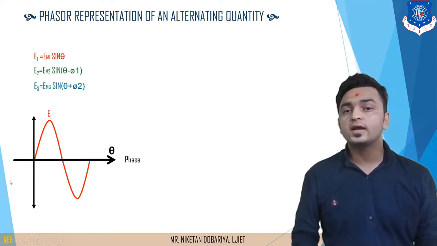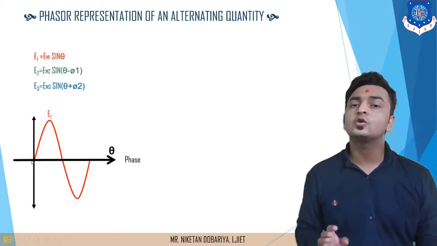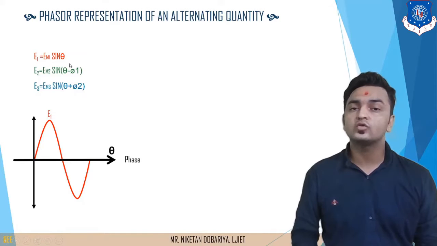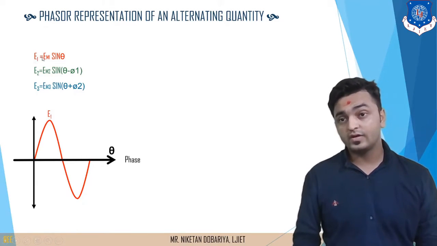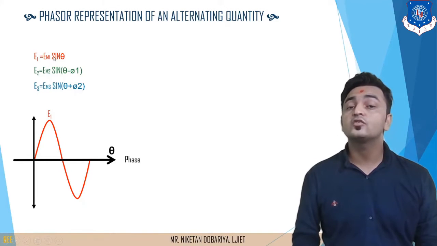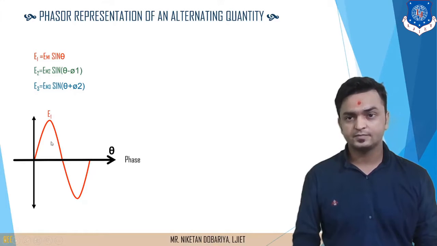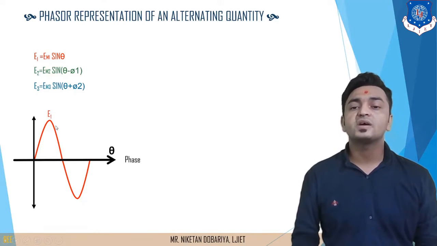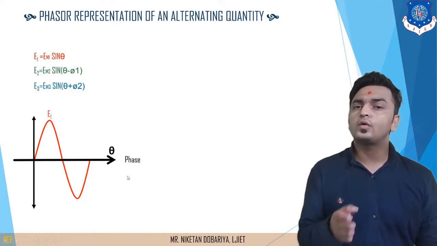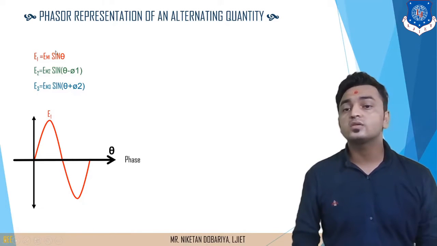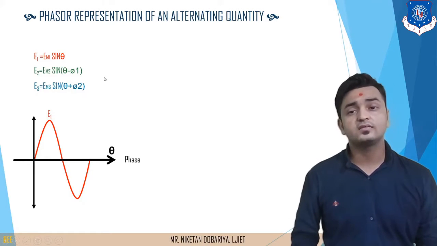So at 0 angle, this waveform starts from 0, and at theta equal to 90, we get 1, that is the maximum value. So we will have the value of E1 as maximum. If this is the 90-degree angle, here we are getting the maximum value, and that is going to be EM1.